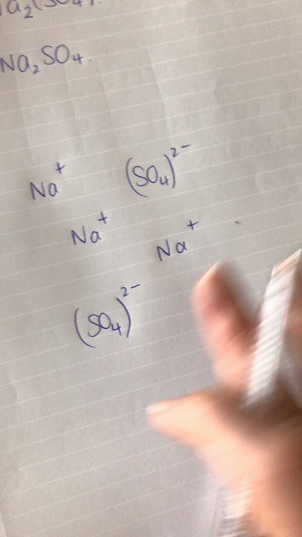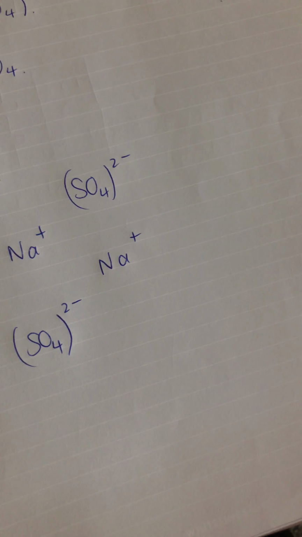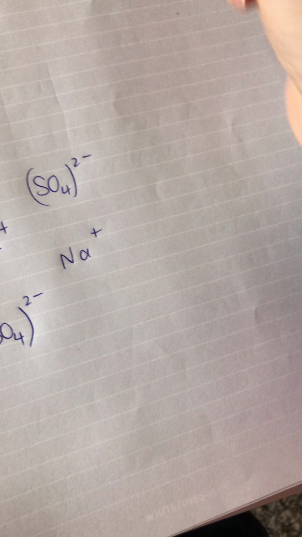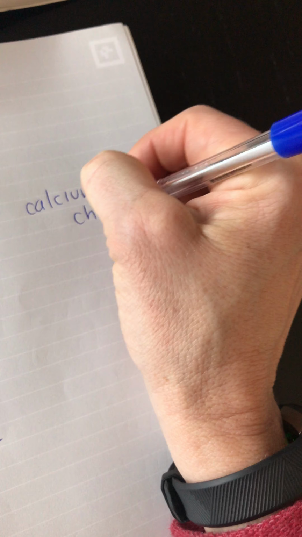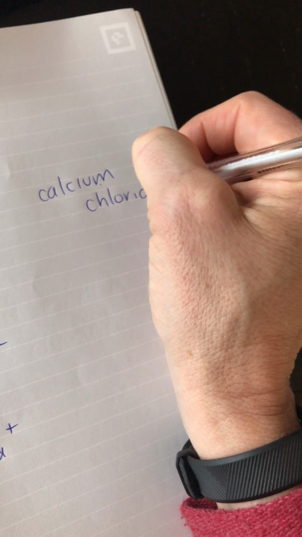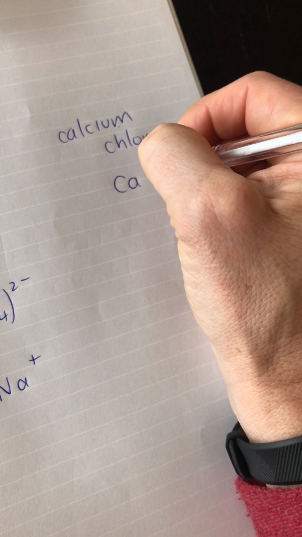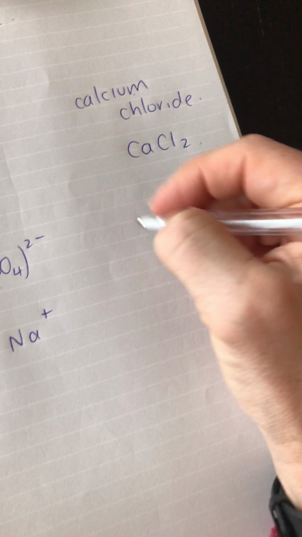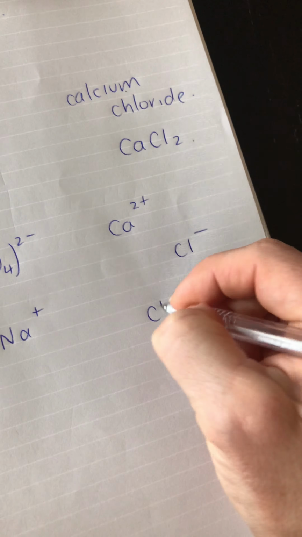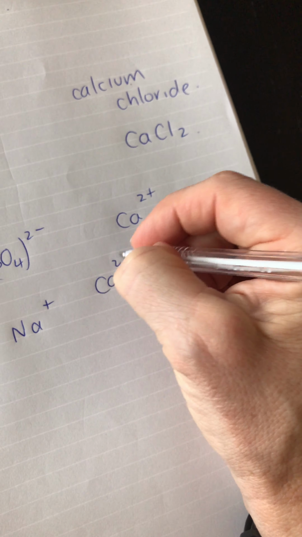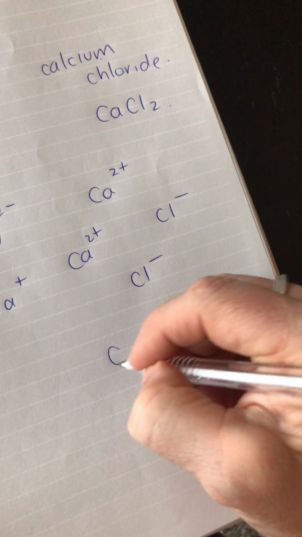If we then mix it with another ionic compound, let's say calcium chloride, which is CaCl2, then in solution that will break apart to its corresponding positive and negative ions. Again, there'll be lots of them.